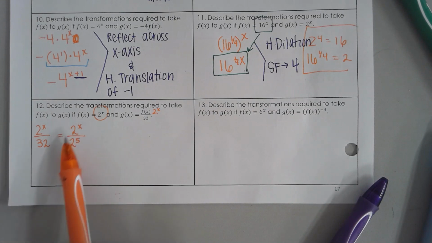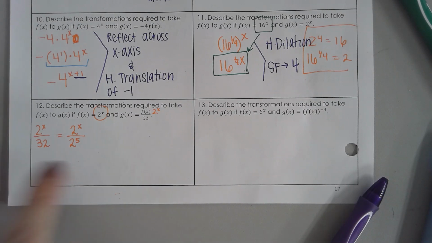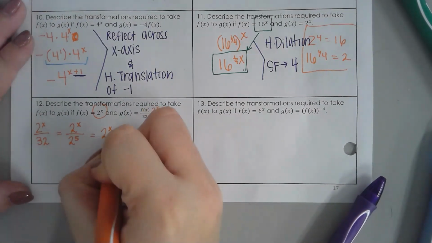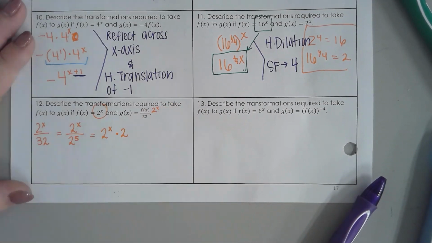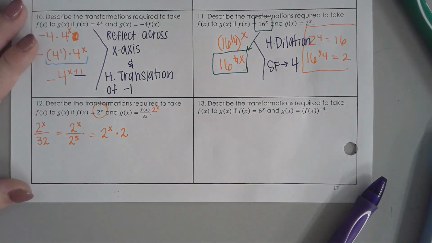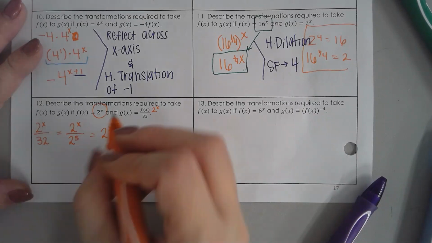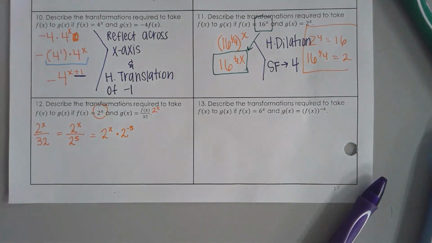So 2 to the x over 2 to the 5th. I don't like that being in the denominator. We didn't talk about any transformations and having a fraction, like no denominators. We haven't talked about that. So I could make this 2 to the x times, does anybody know 2 to the, this is one of our exponent rules. I remember, -5. When you had a negative exponent, remember we sent it to the bottom.